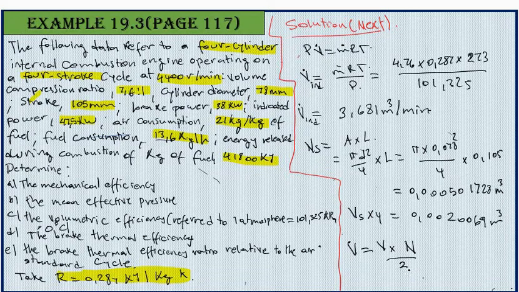Why do I need to do so? Because we have a 4-stroke cycle. In the 4-stroke cycle, we have one induction stroke per 2 revolutions. So that's why I need to divide by 2.